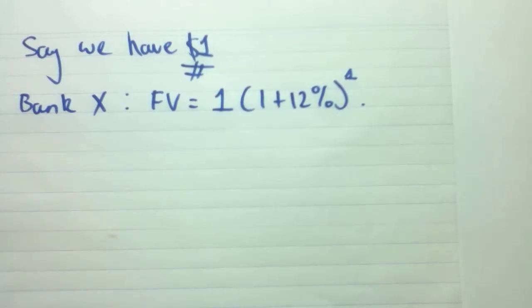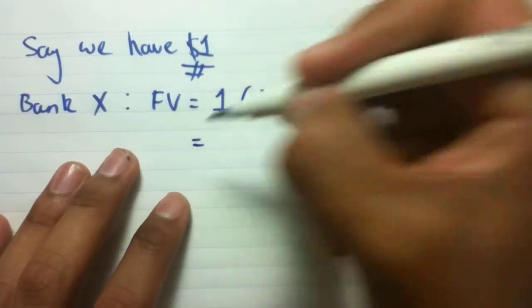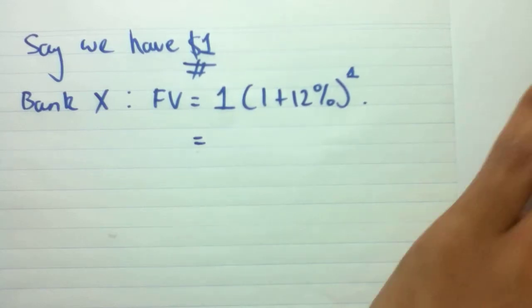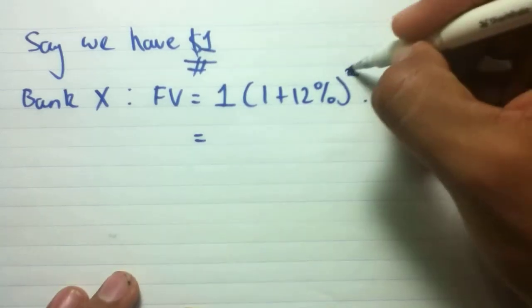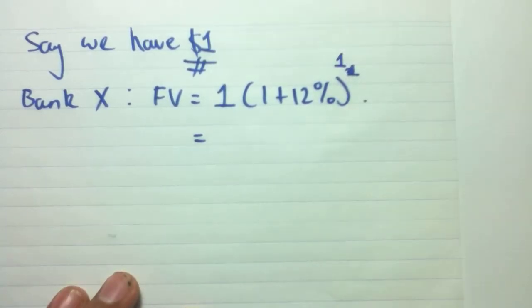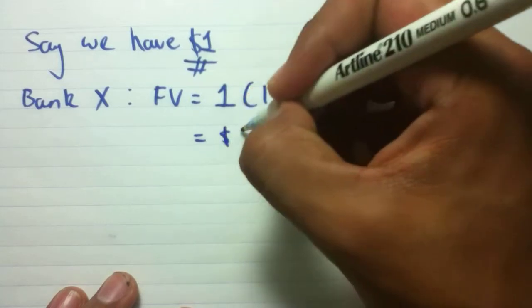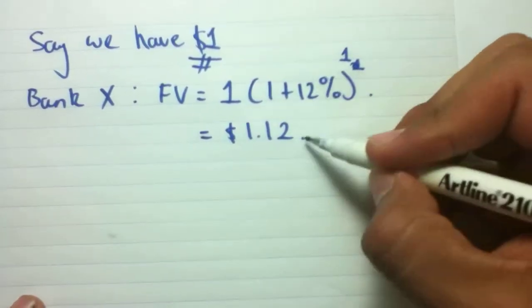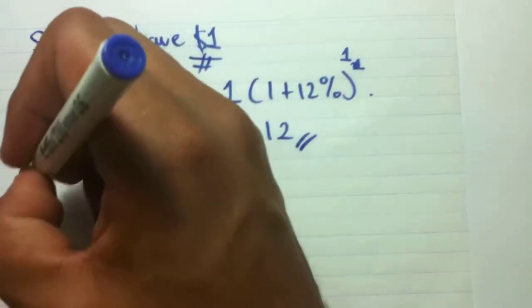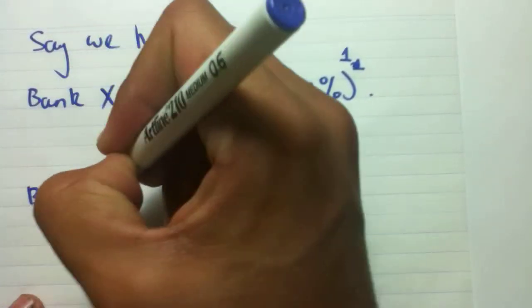And so the final value of this $1 is going to be equal to $1.12. Very straightforward. But what about Bank Y?